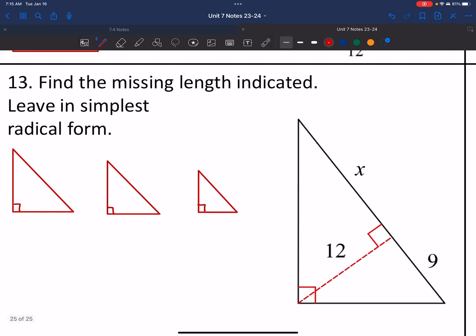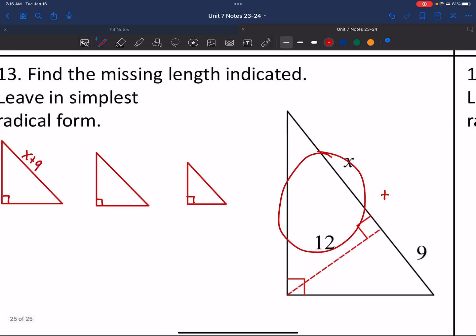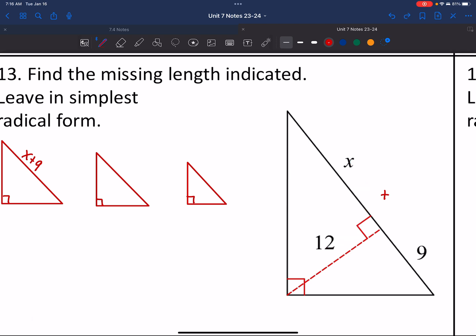On the big triangle, the only thing they give us is this side right here. x and 9 combined is x plus 9. On the medium triangle, this one right here, x is this side, and then 12 is this side.